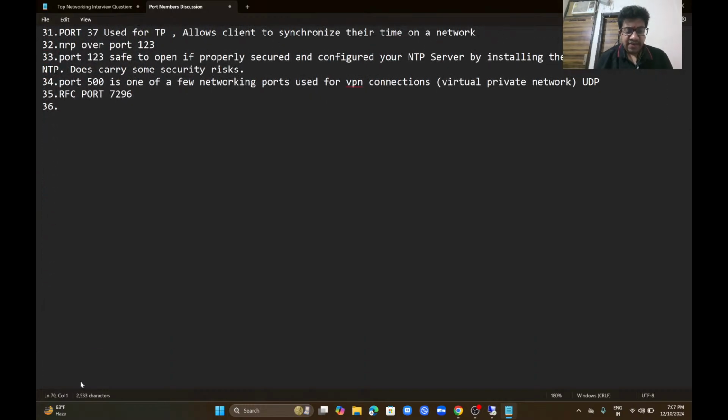If anything is there, I will look. And one more thing: for HTTPS secure, we are also using port 8443. Okay.